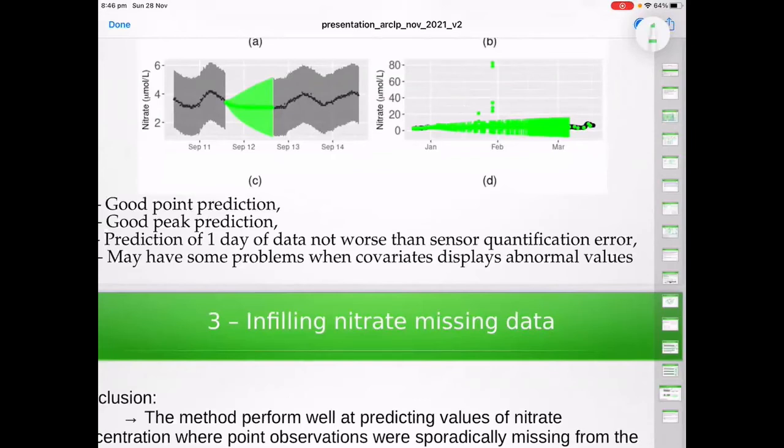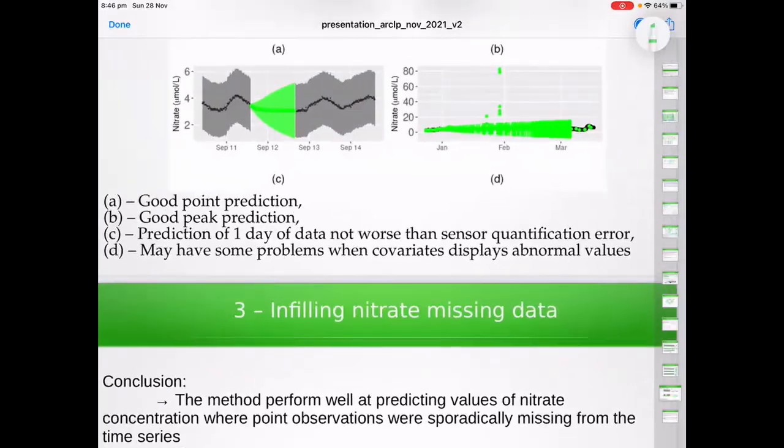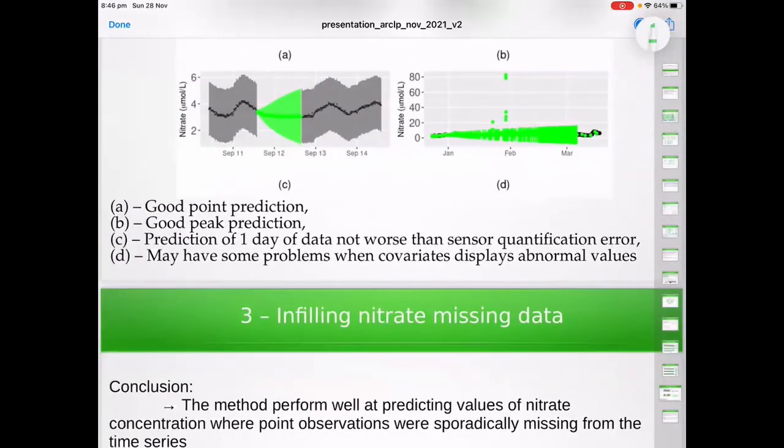It looks like we have some anomaly on the covariates, which affects, of course, our prediction for the nitrite. Maybe this is quite bad, but maybe in the future we can use this to detect some anomaly.